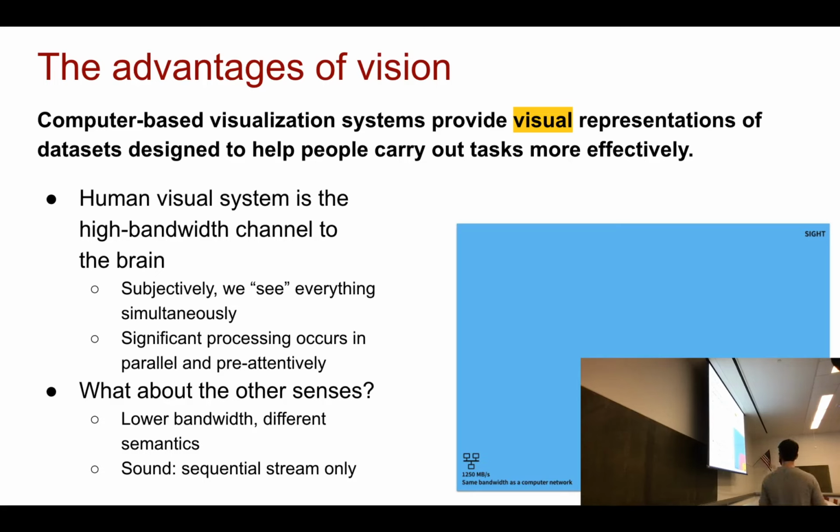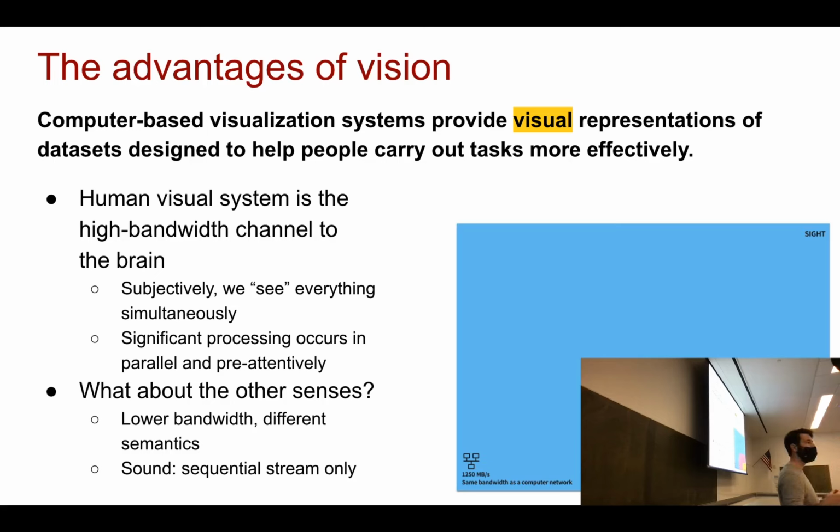So, much higher bandwidth. It also has different semantics. When I taste something, I don't taste everything simultaneously. When you eat food, there's usually one taste that rises to the top. When you hear something, you can really hear one thing at a time.